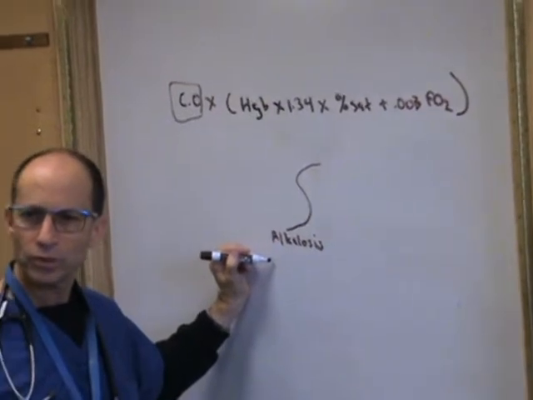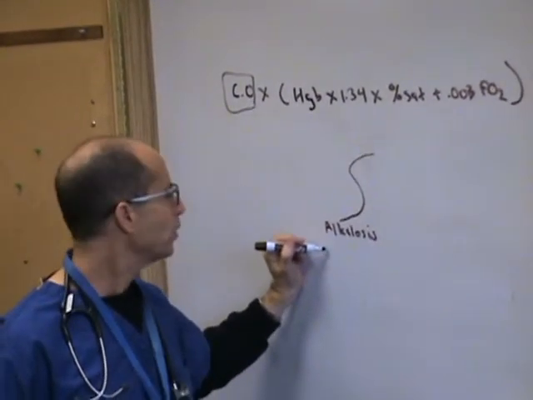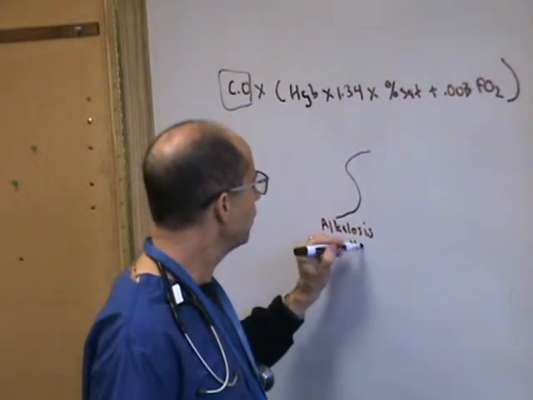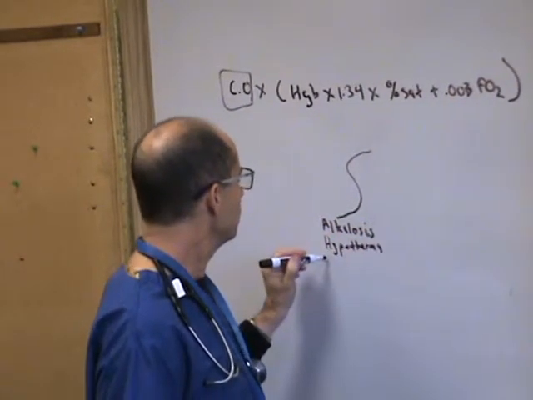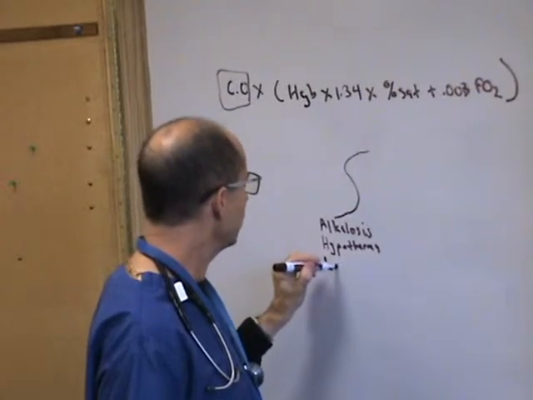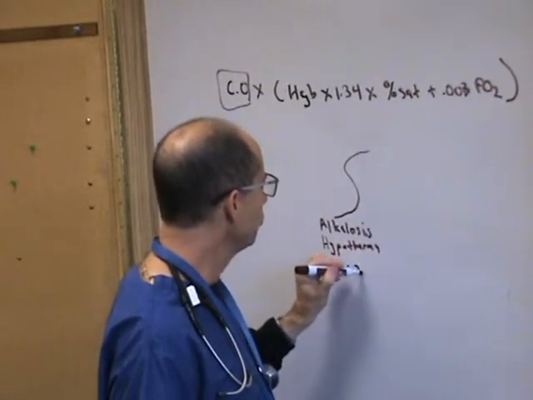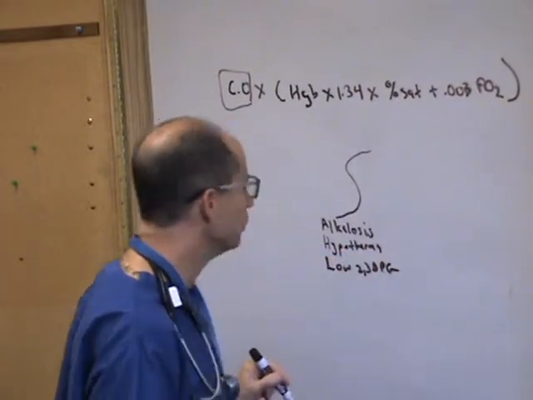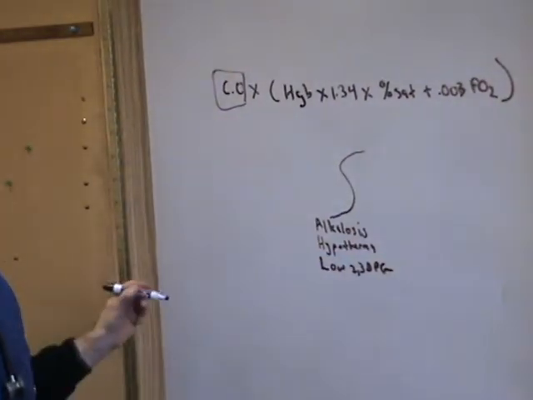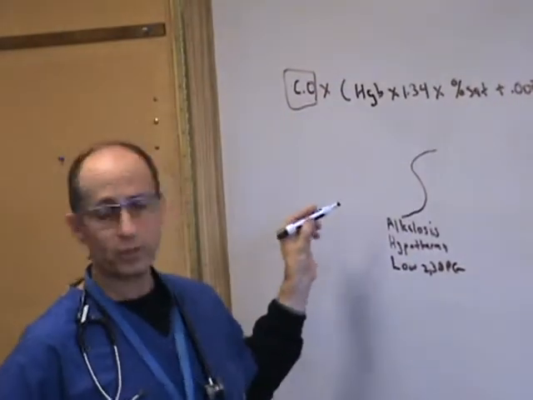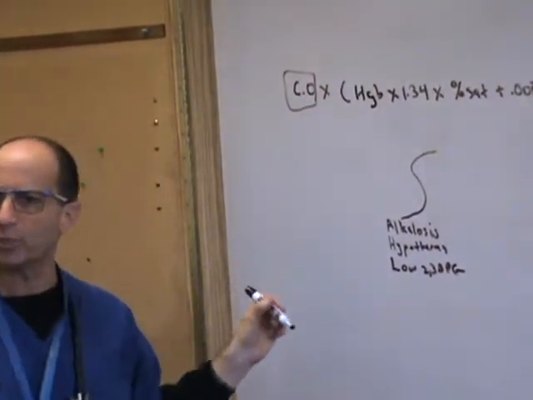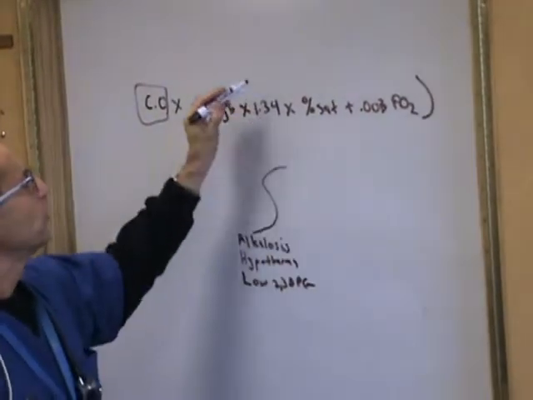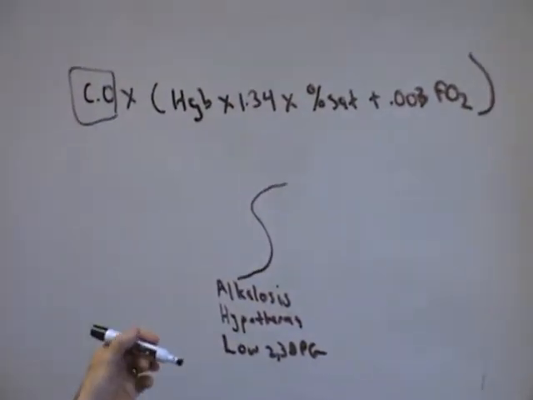Hypothermia shifts it to the left, and a drop in 2,3 DPG. And then the opposite shifts it to the right. So you can have a really good saturation, but in a severely alkalotic patient, that's not going to help you out very much. So you have to take those things into account. So this is assuming a relatively normal pH.